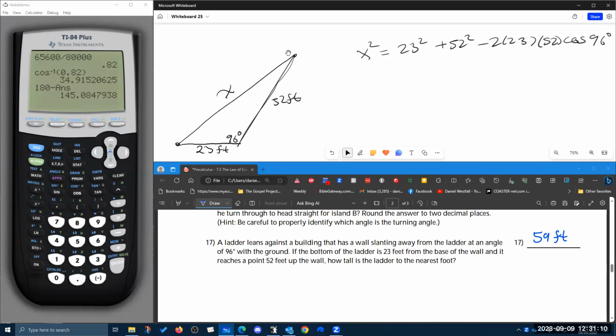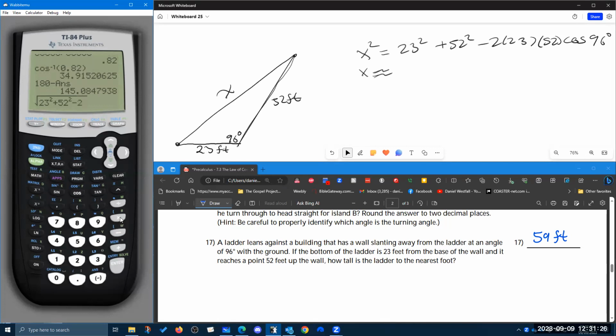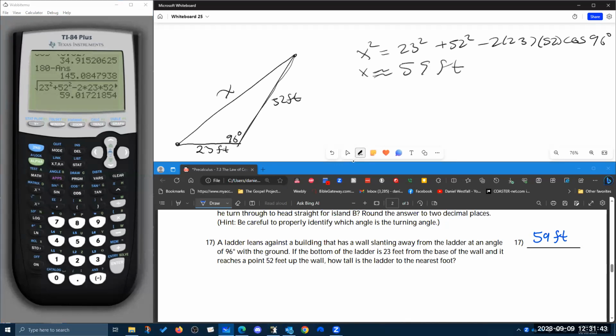And we get the x is going to be the square root of all that. 23 squared plus 52 squared minus 2 times 23 times 52 cosine of 96 degrees. And to the nearest foot, the ladder is 59 feet long.